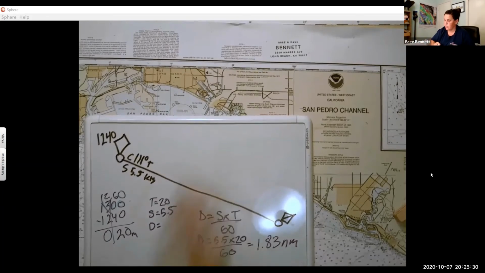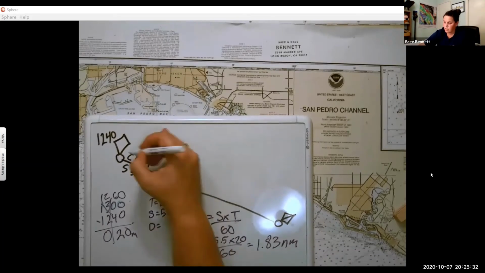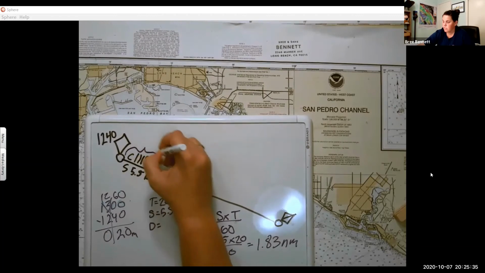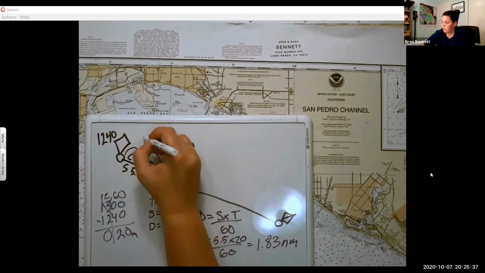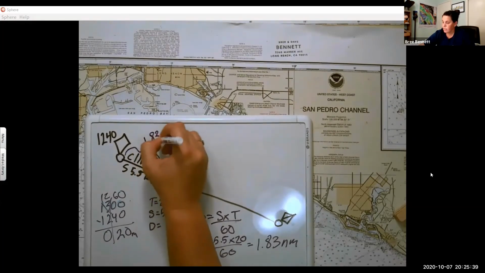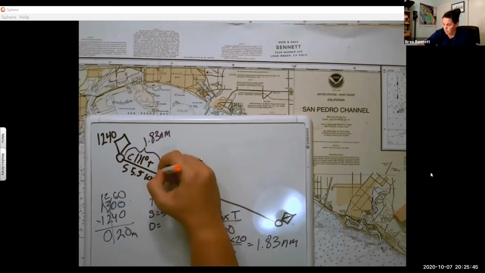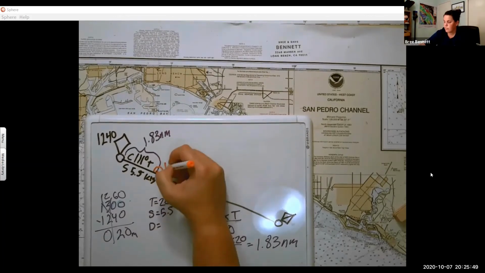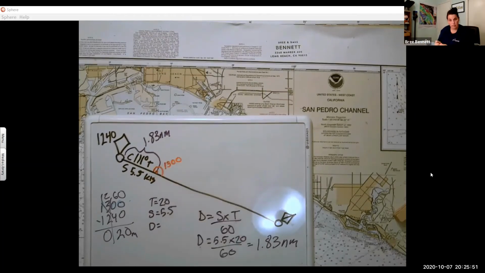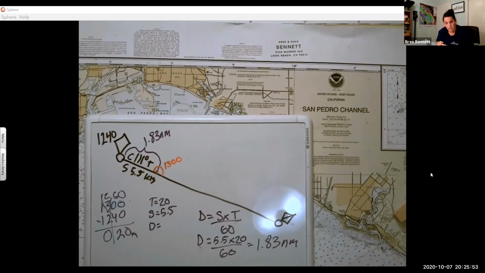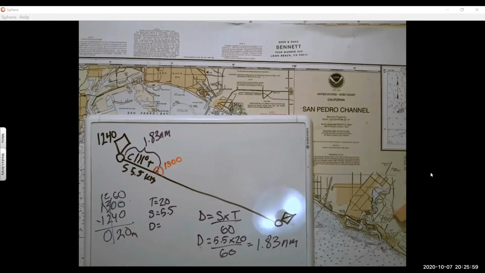Okay, so now I can mark 1.83 nautical miles, and I could plot my 1300 position, my DR. What question is asking us for the 1300?